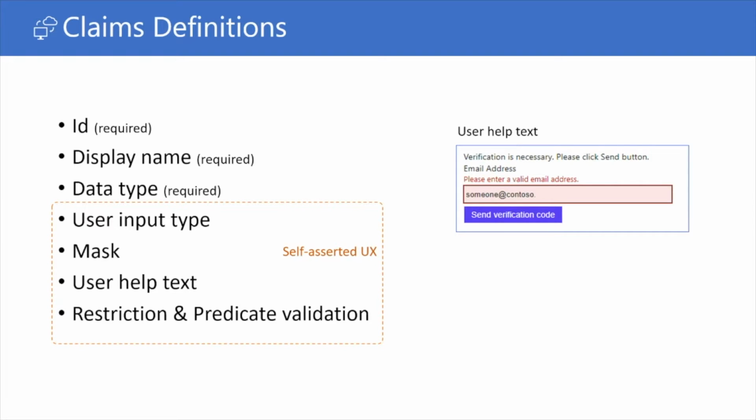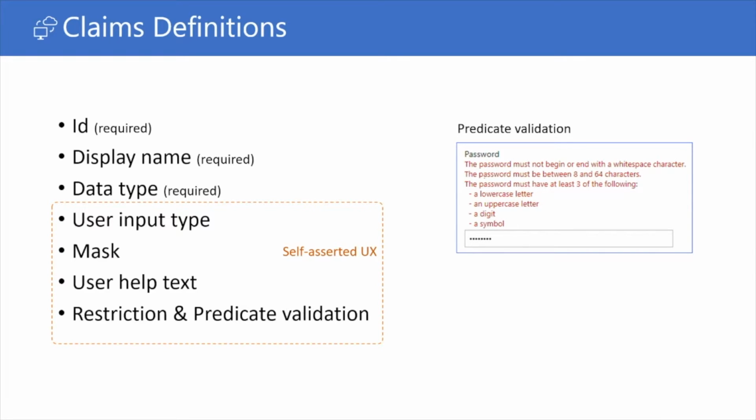You can also choose user help text: what text is going to be displayed when the user enters an invalid value in the user interface elements. And you can indicate restrictions such as regexes. Another kind of restriction would be an enumerated list of values that will be shown in a drop-down combo box.